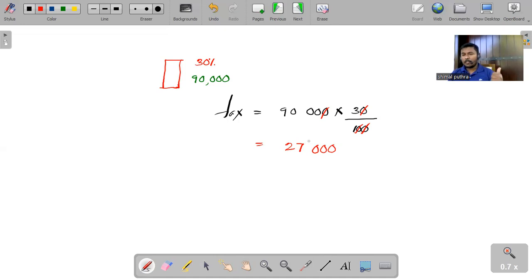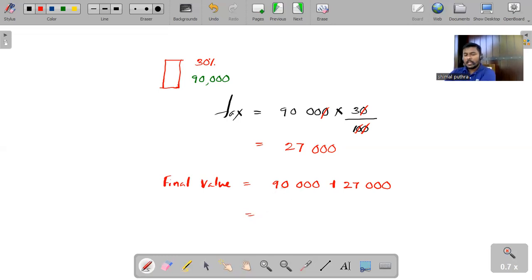I already paid 90,000 for America and I paid 27,000 to the Sri Lankan government. This is the final cost that I paid for America and the tax.